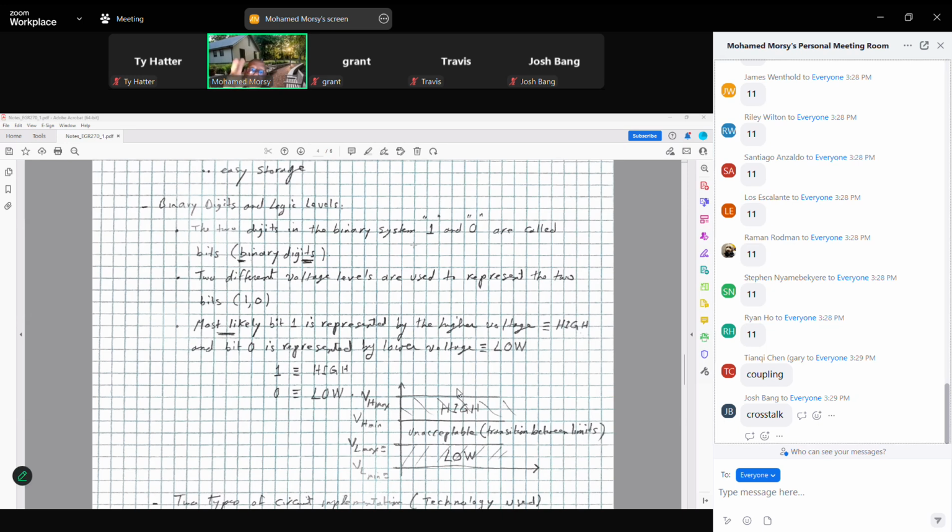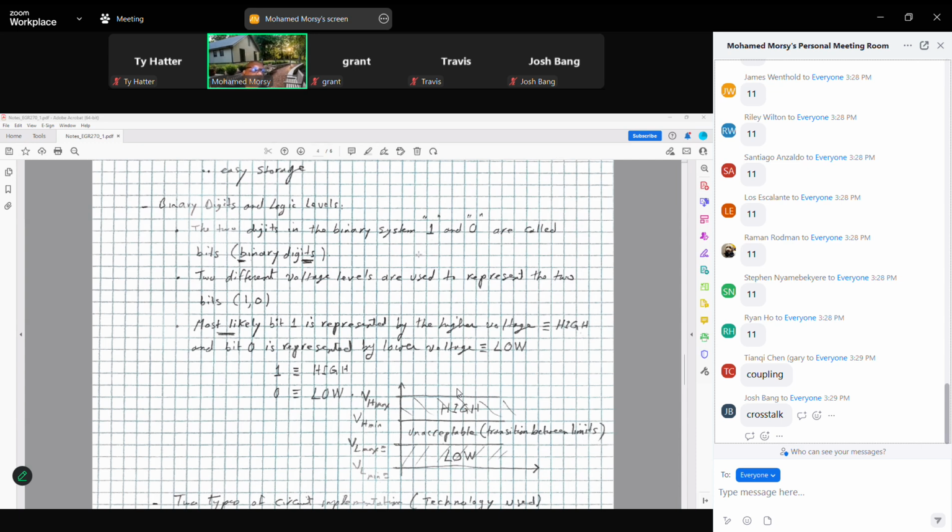The circuit does not understand anything else; either we have voltage drop or current pass. We express this in presentation as bit 1, bit 0, but this is actually a voltage value inside the circuit.